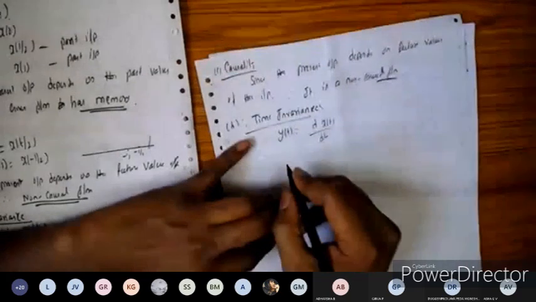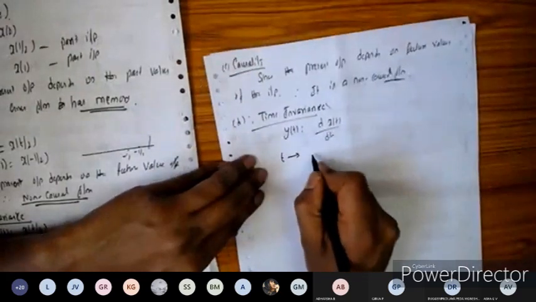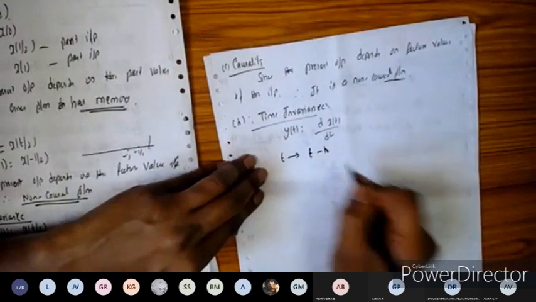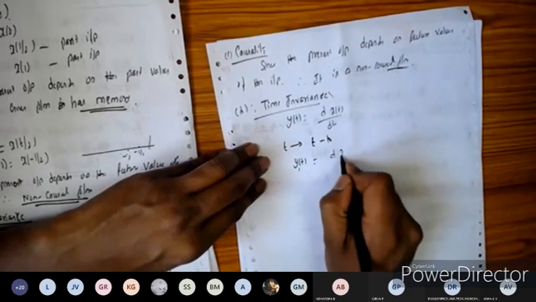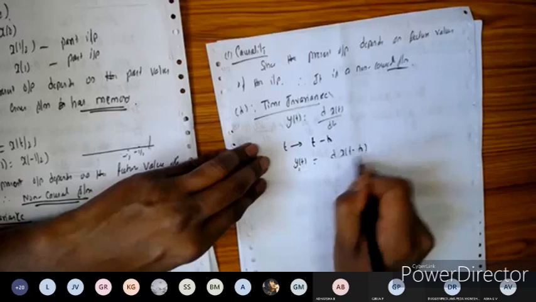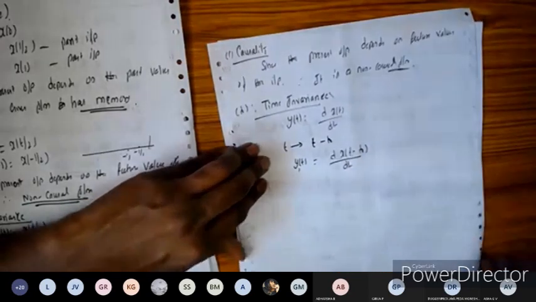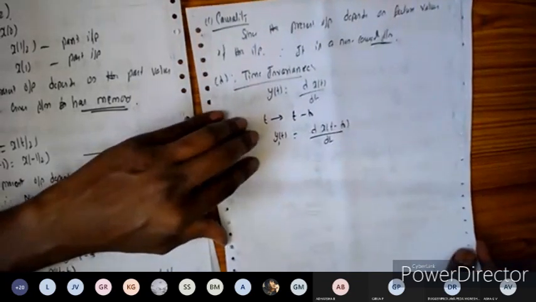So y1 of t is equal to dx of t minus t naught divided by dt.